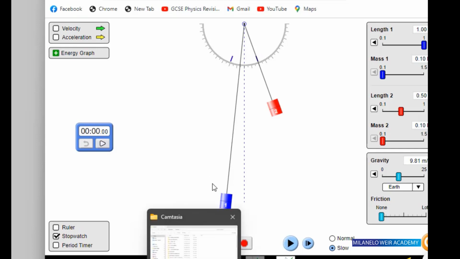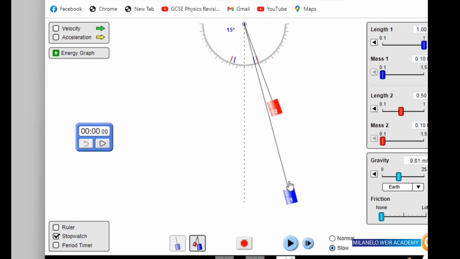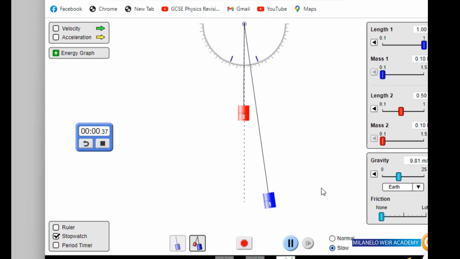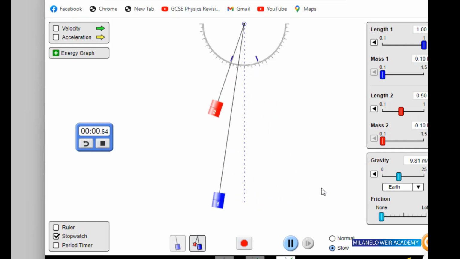Okay, let's start once again. Now we are going to time, right? We'll stop when the first one arrives. Yes, the red one is already in front. 2, 4.